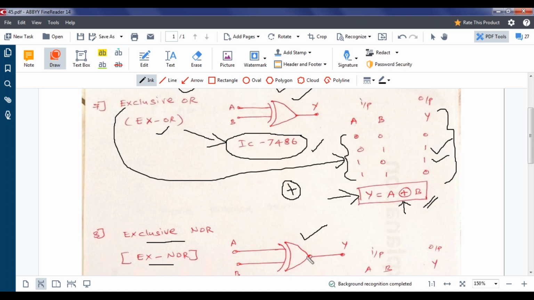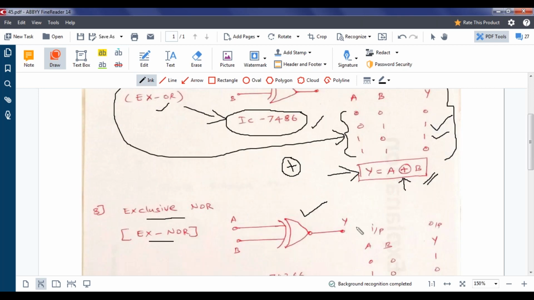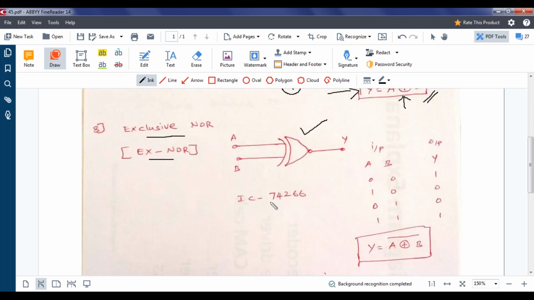If a round mark is there, that is XNOR. If there is no round mark, then it is called XOR. Okay, fine. So the IC number is 74266. This is the IC number for your XNOR or exclusive NOR.